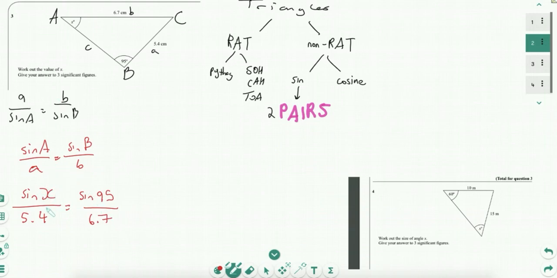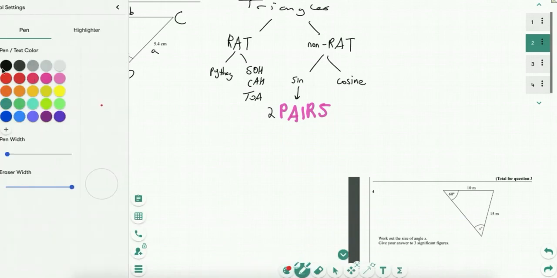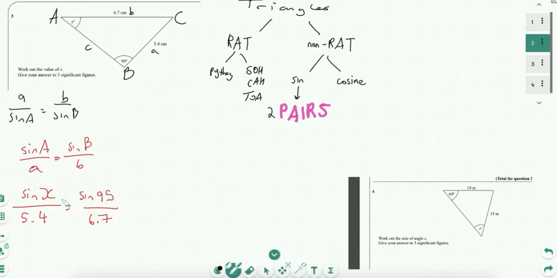So sine x is being divided by 5.4, so we'll just times by 5.4 to isolate it. That cancels out, so we're left with sine x is equal to sine 95 divided by 6.7 times 5.4, which is going to be 0.802.